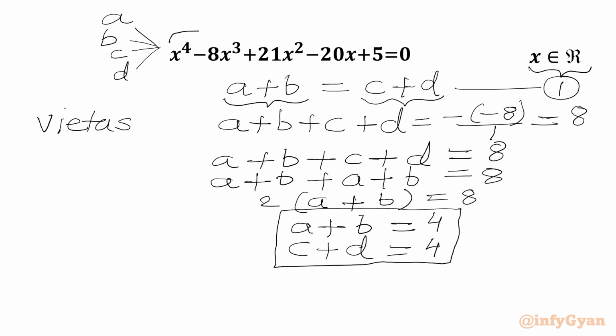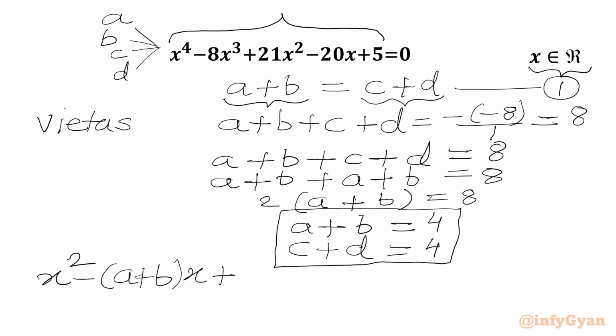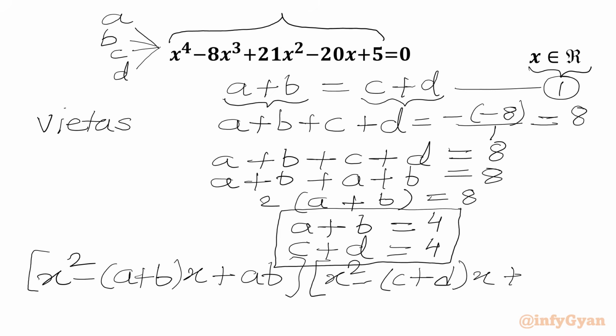Now we are going to write our quartic expression, which is on the left hand side, in the form of a product of two quadratics. So we can write x square minus a plus b times x plus ab, here the roots are a and b, times x square minus c plus d times x plus cd, equal to 0.